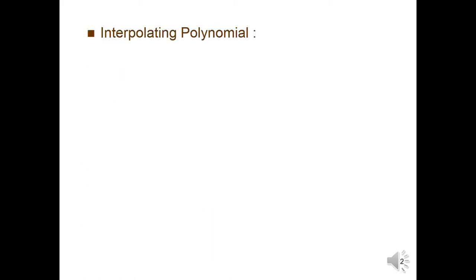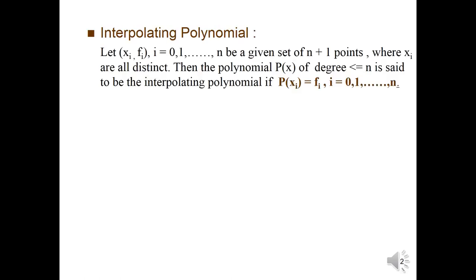Now, interpolating polynomial. Let xi, fi, where i takes values 0, 1 up to n, be a given set of n plus 1 points, that is 0, 1, 2, 3 and so on up to n, meaning n plus 1 points, where xi are all distinct. Then the polynomial p(x) of degree less than or equal to n is said to be the interpolating polynomial if p(xi) is equal to fi, i taking values 0, 1 up to n.